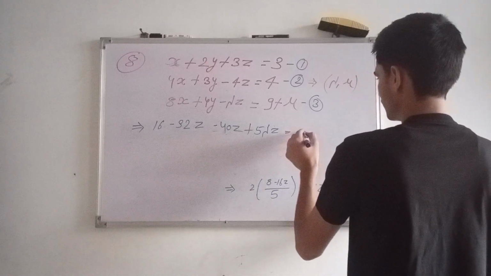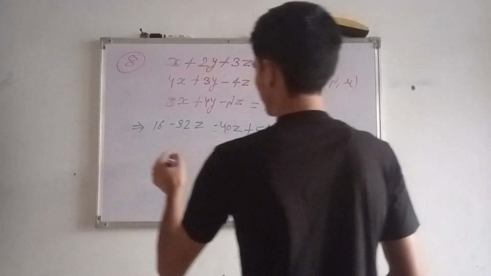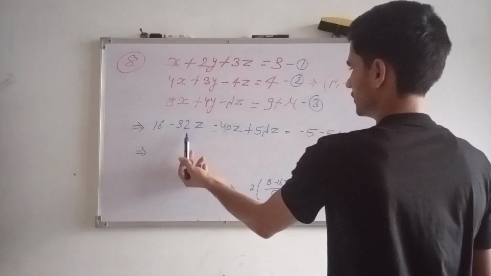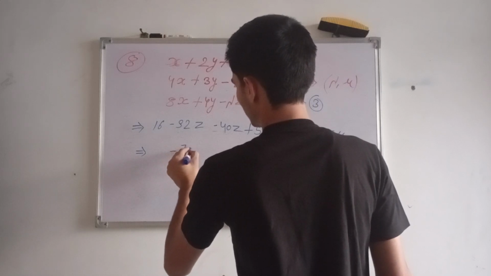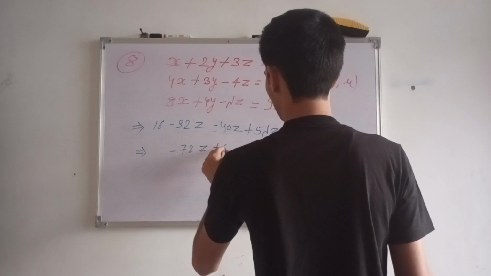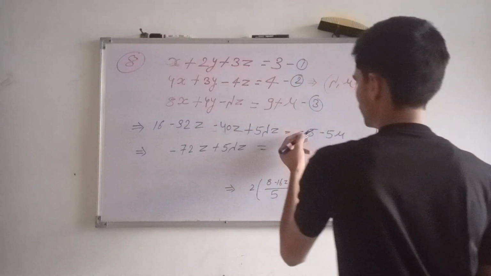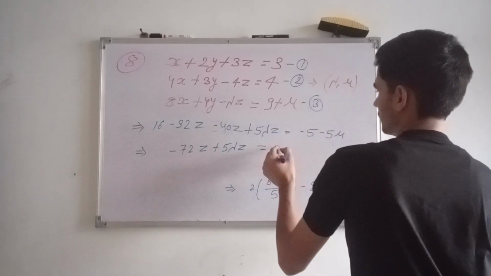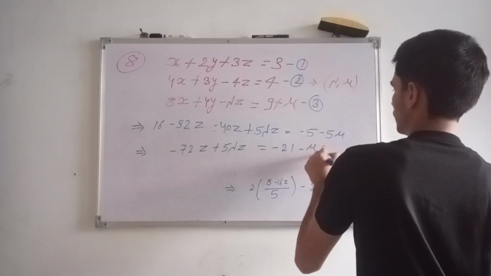When we bring that to this side, we will get minus 5 mu. Simplify, so minus 32 minus 40z will become minus 72z plus 5 lambda z is equal to, bring this 16 to this side, it will go minus 16 minus 5, minus 21 minus 5 mu.